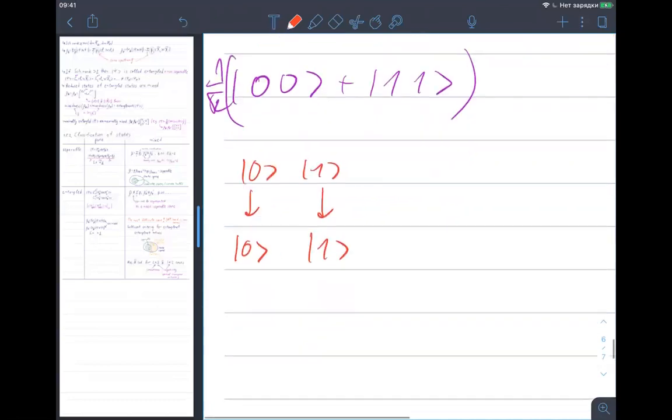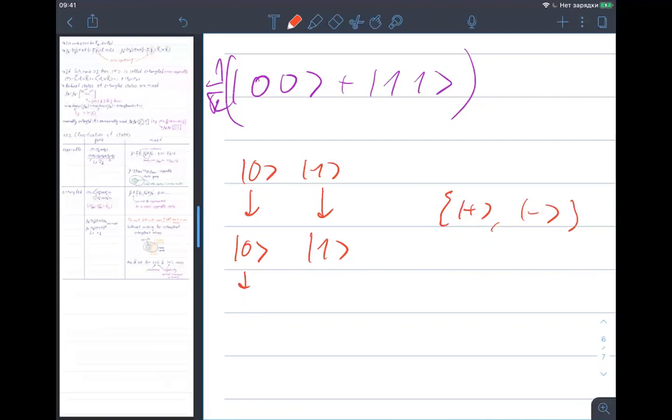Then imagine that the second person measures the obtained state in the plus-minus basis. Then he will obtain plus with probability 1/2 and minus with probability 1/2, so there will be no correlations.